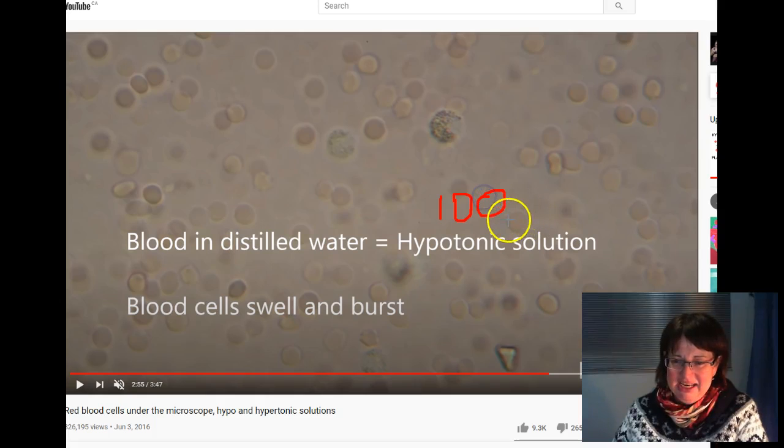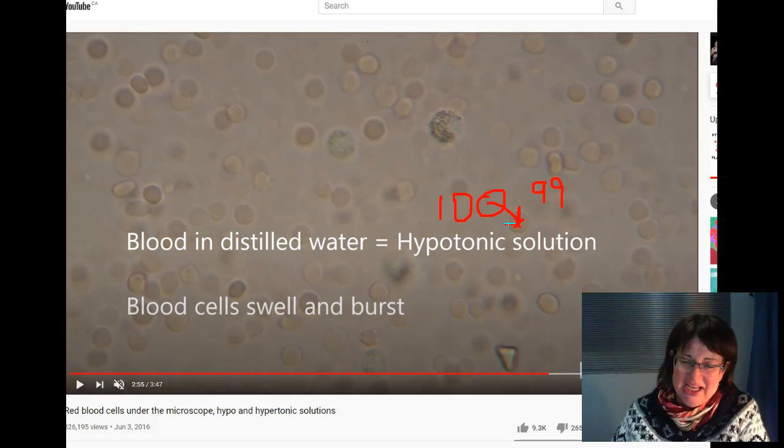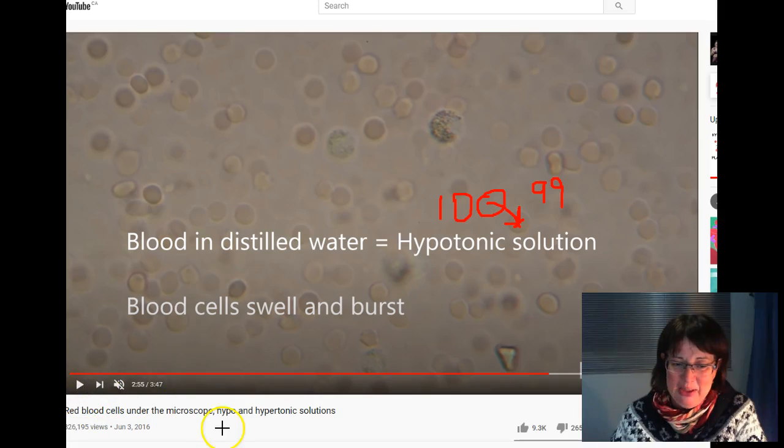And inside the cell is 99% water. So the water is going to move from the solution into the cell. And as it moves into the cell, those cells are not very strong, and you end up with cells busting.